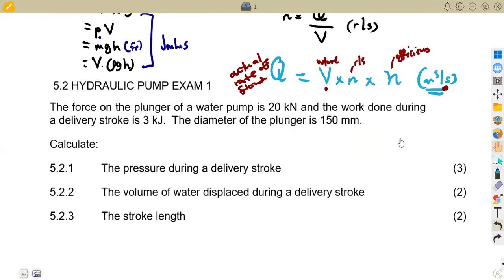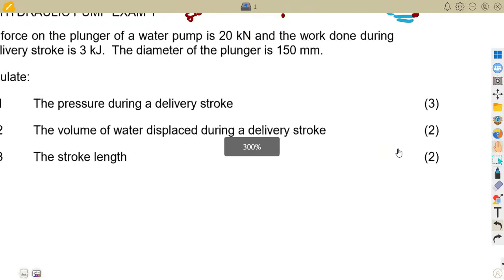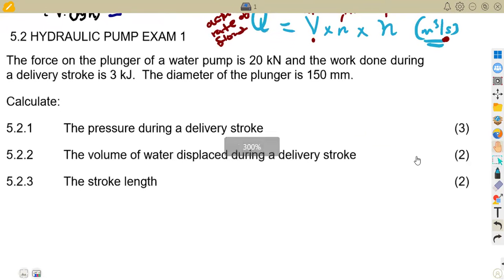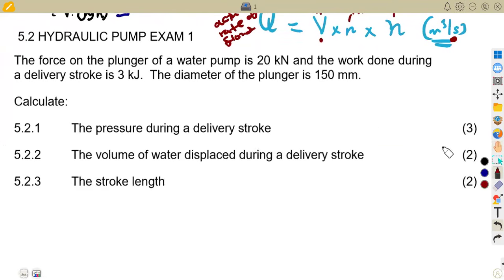All right. Let's check our question here. Hydraulic pump question. The force on the plunger of a water pump, take note, of a water pump is 20 kilonewton. So we have got the force applied on the plunger, which is given as 20 kilonewton, that's 20,000.